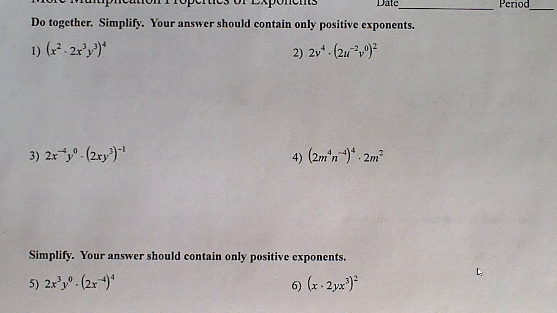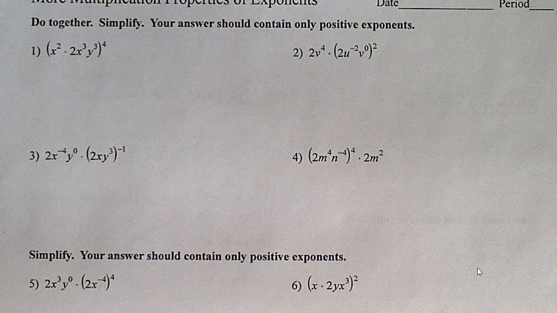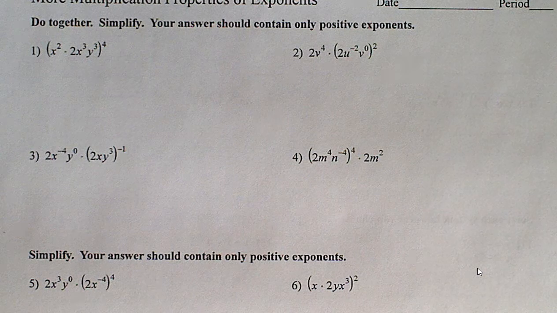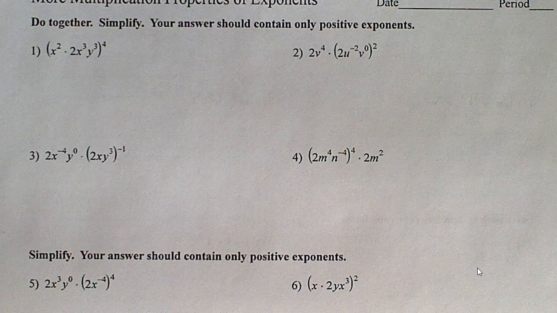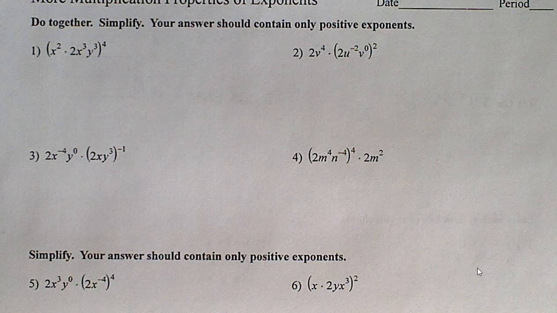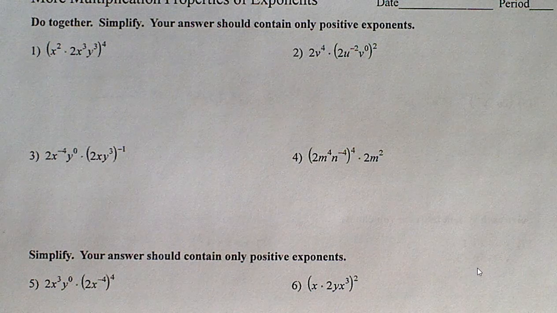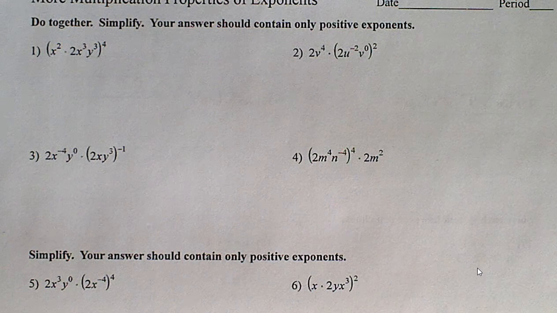And then this is going to be x to the 12th, since 3 times 4 is 12. And then this becomes y to the 12th. Now we have to combine all these variables. So this is 1 times 16, which is 16. x to the 8th times x to the 12th is x to the 20th.